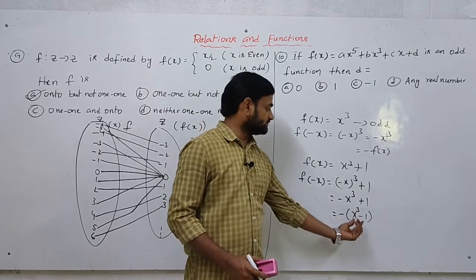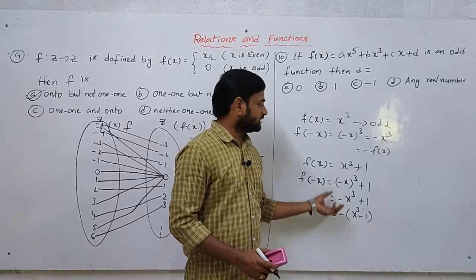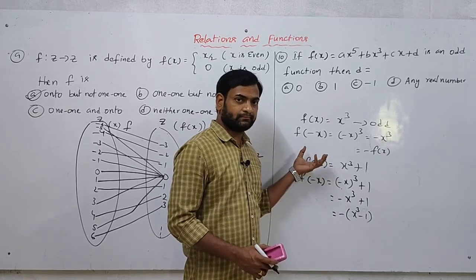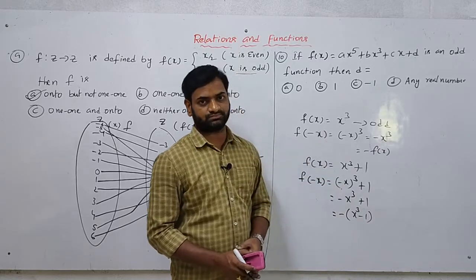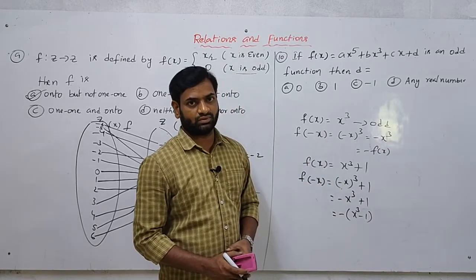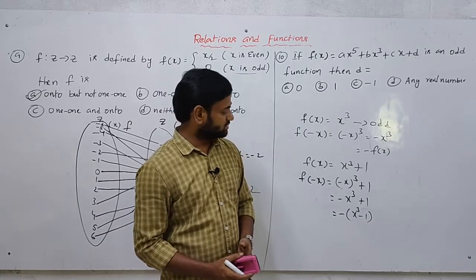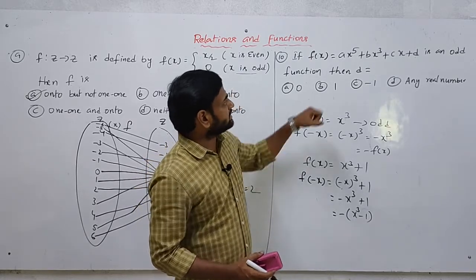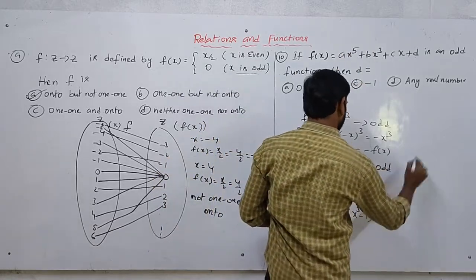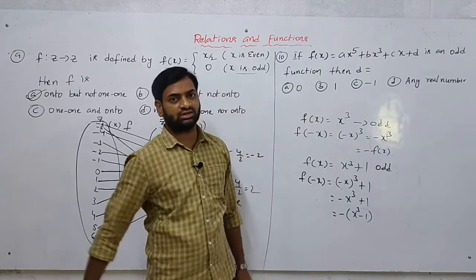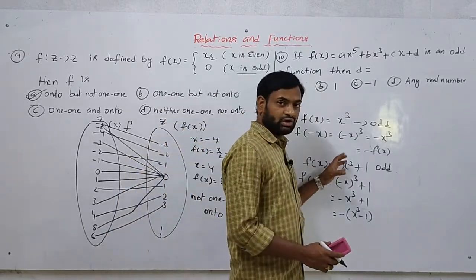Then how can you write this as f of x? Then it is neither an odd function nor an even function. Suppose I say it is an odd function, it is compulsorily an odd function only.